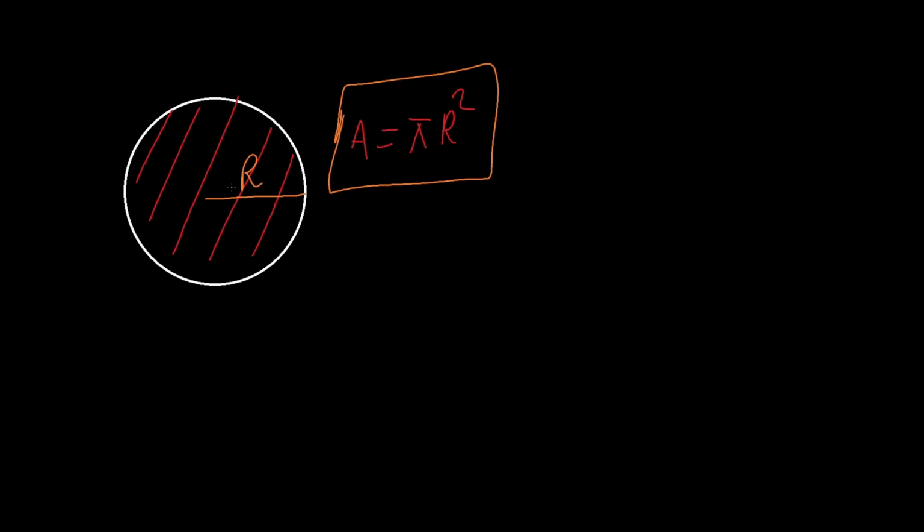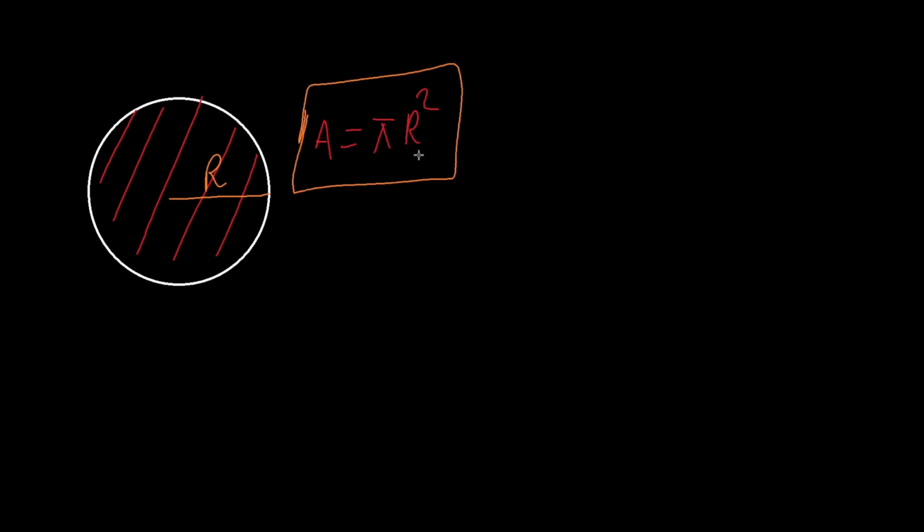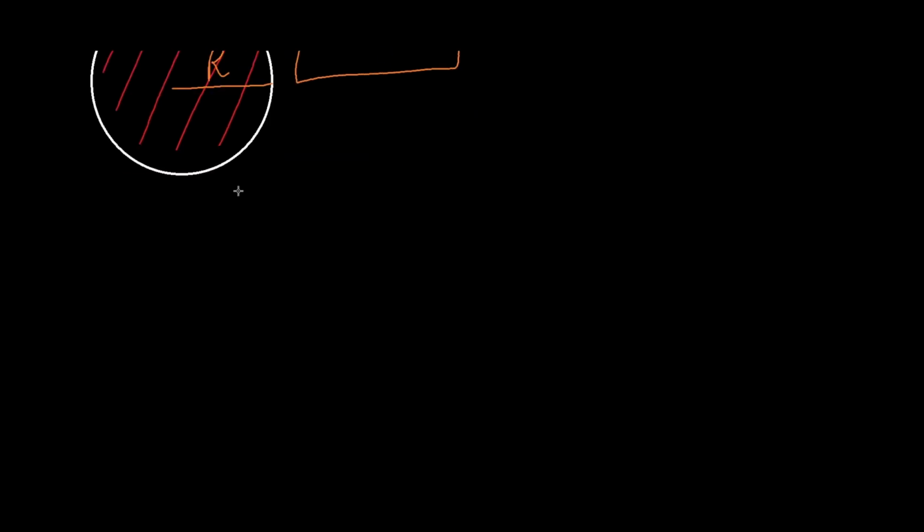Now I'm also going to calculate the area using an integral. So let me draw another circle, let's say right here. Let me make it big. Okay. Now, the way I will calculate the area is as follows. We are going to take infinitesimal lines like this.